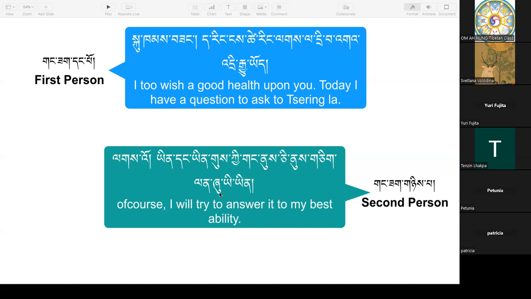So this particular sentence that we have, okay, one minute. Okay. So we talked about the difference between the humilifics and the honorifics.